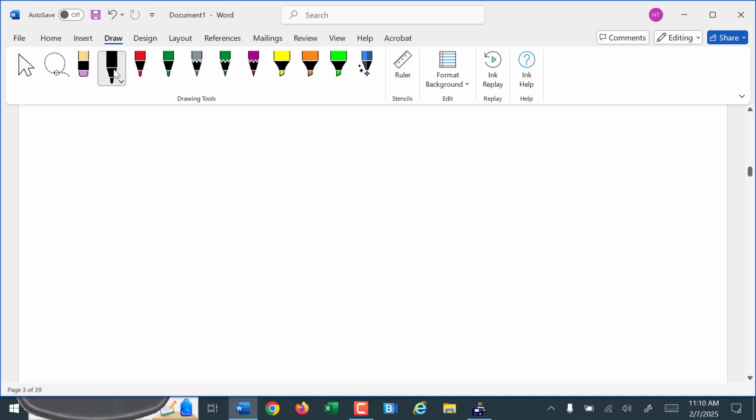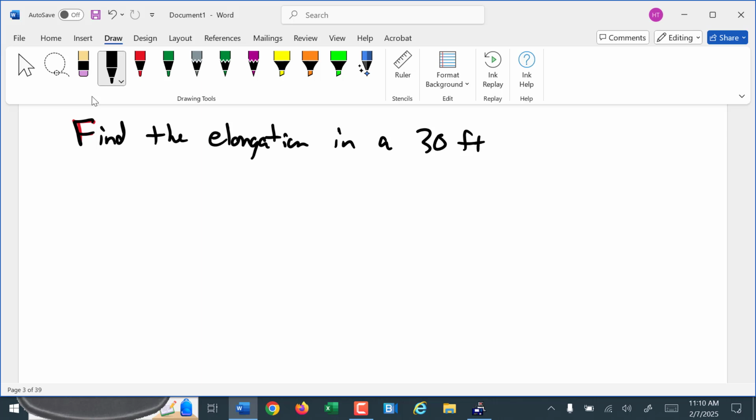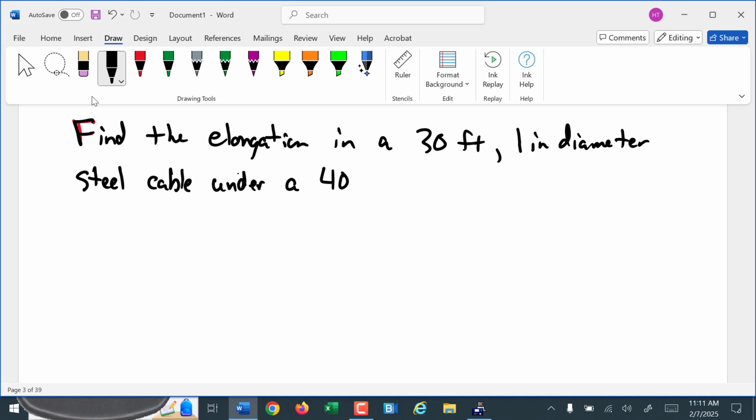So let's go the other direction with this. We're going to find the elongation in a 30-foot, one-inch diameter steel cable under a 40,000-pound load.